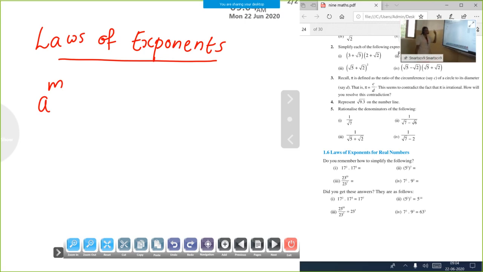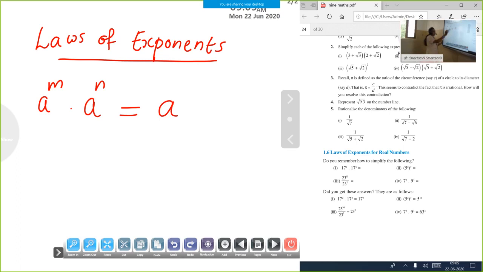Exponent form means one base and one power. A raised to m into a raised to n. Both numbers have the same base and the powers are different. We need to multiply a raised to m, a raised to n. Here the base is a, here also the base is a. The formula is, write only one base and add the powers.